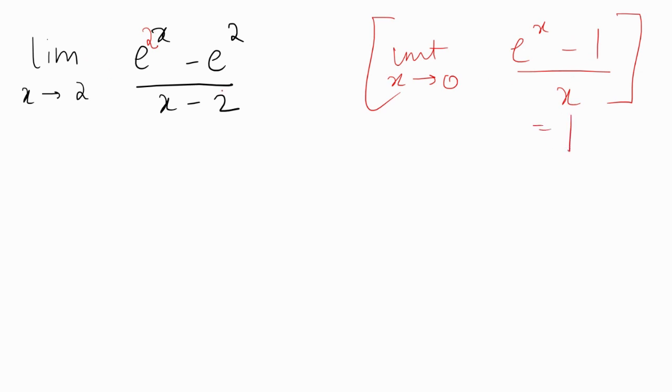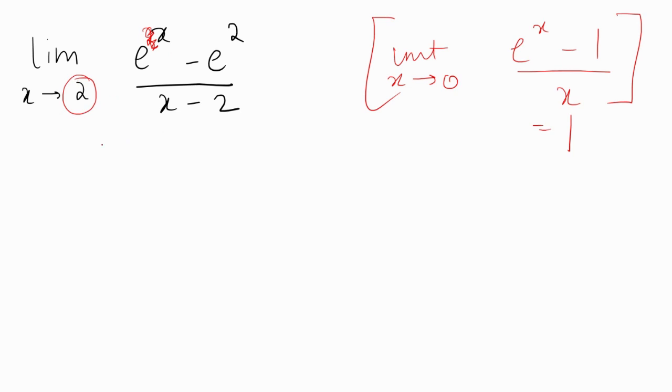So now, how will we bring this in this form? First of all, x is approaching 2. So that's the one problem that we have. I have to make this somehow x approaching 0, correct? How will I do it? It's very easy. You don't have to do anything. Sorry, there is no 2 over here, I just wrote it by mistake.